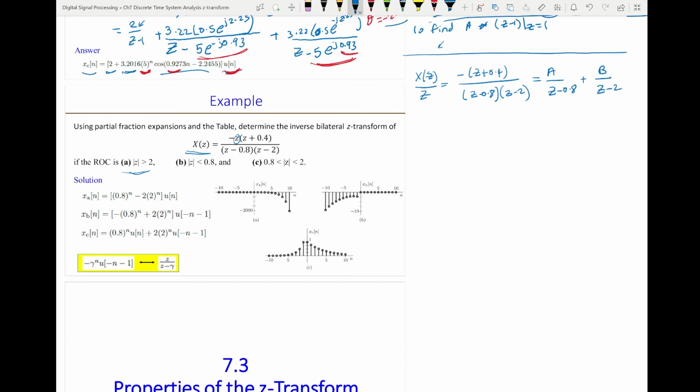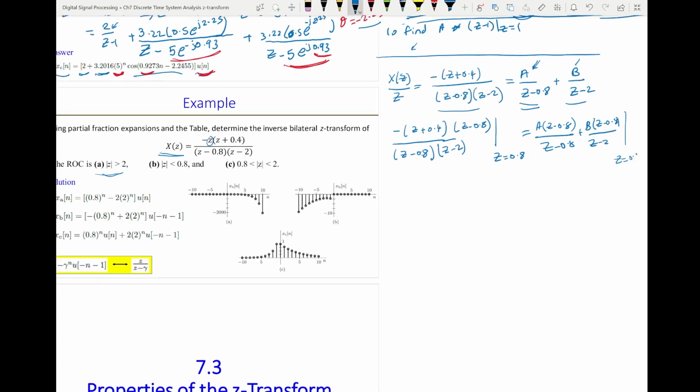And now we need to find A and B. Same as before, multiply everything by z minus 0.8 and set z equal 0.8 to find A. This will cancel this.